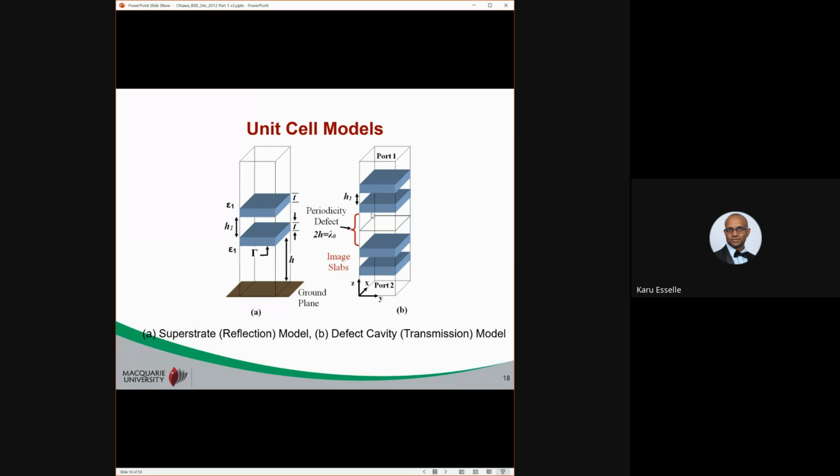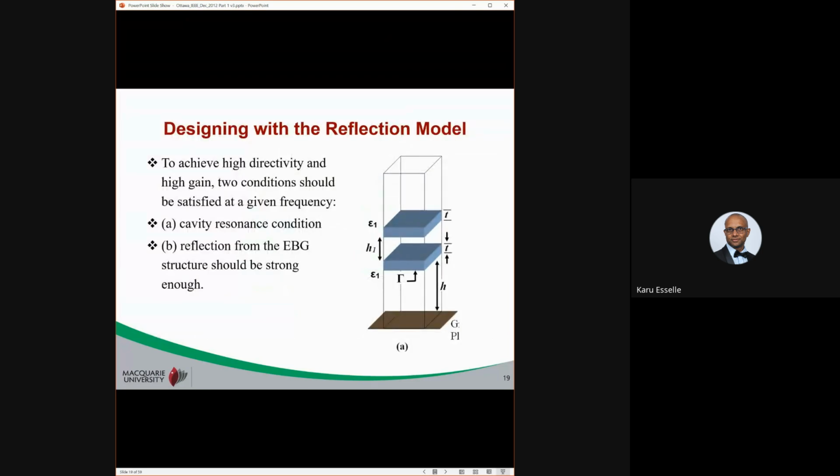So this is h, and this is 2 times h. In some cases, this h is lambda naught by 2, so 2 times h is approximately lambda naught. But that is not always the case. It's usually the case, especially when we assume we are using a PEC ground plane. So we have two models, and we can use either to design. Just work with the reflection model first.